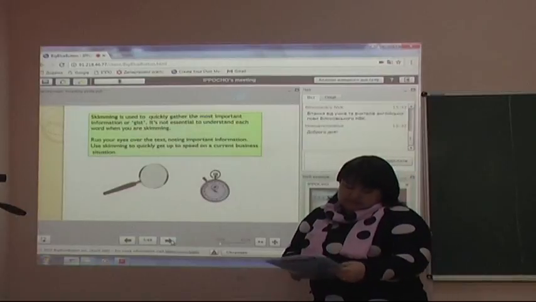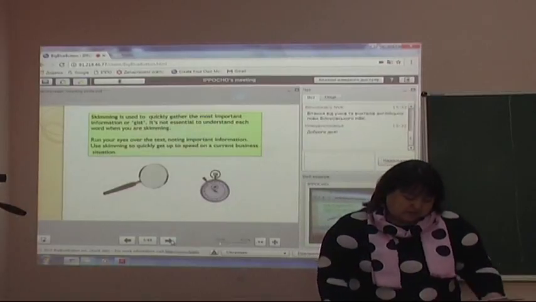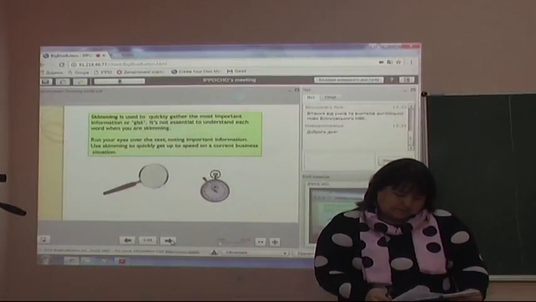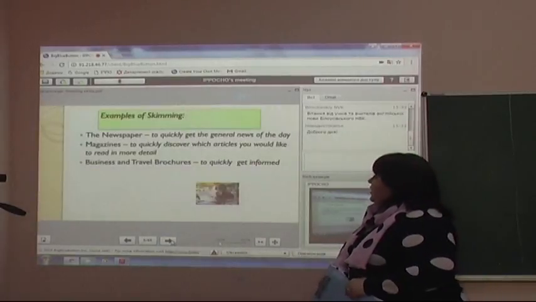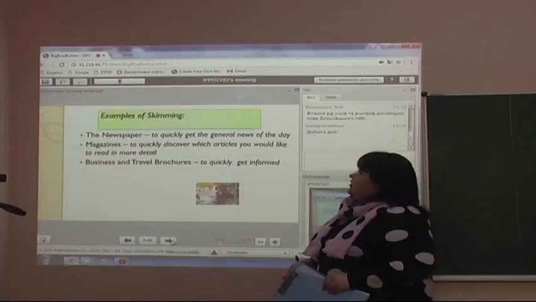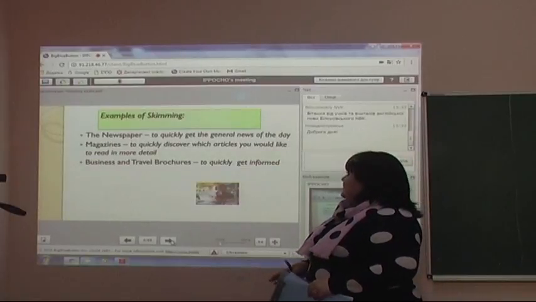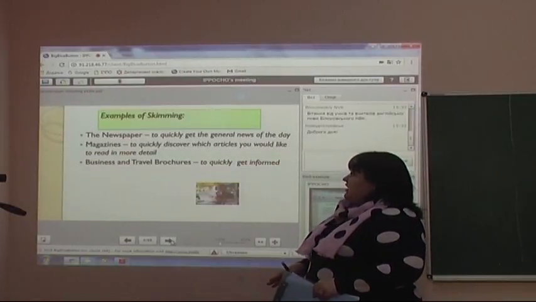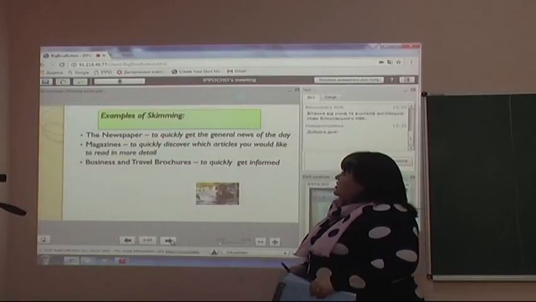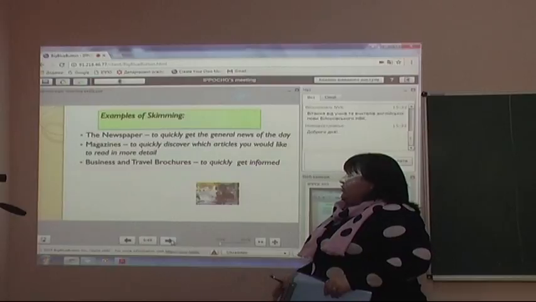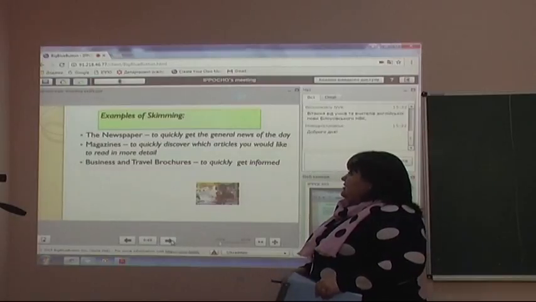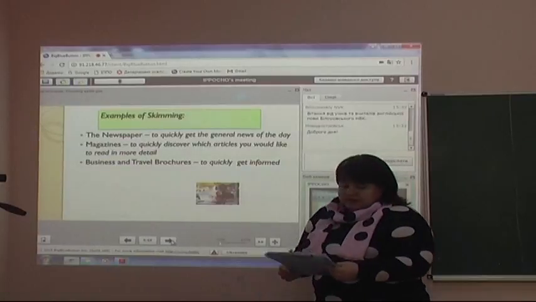And let's see the examples of skimming now. It's newspaper, quickly to get the general news of the day. From magazine, to quickly discover which articles you would like to read in more detail. And business and travel brochures, to quickly get informed.